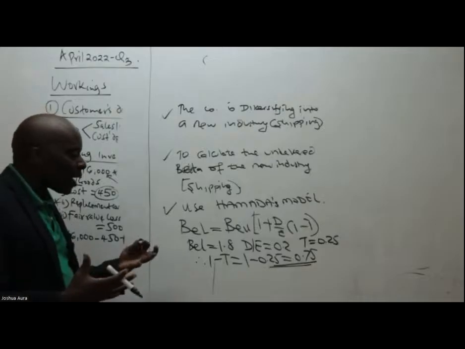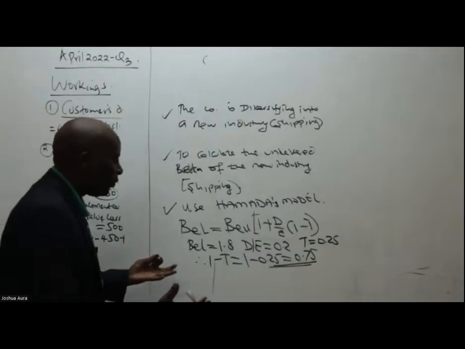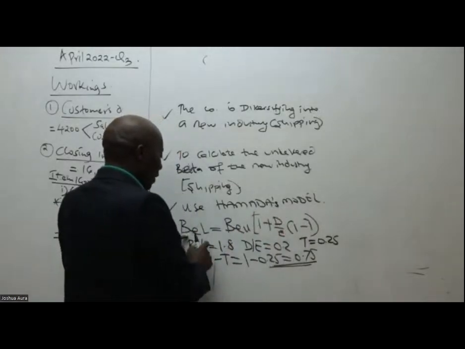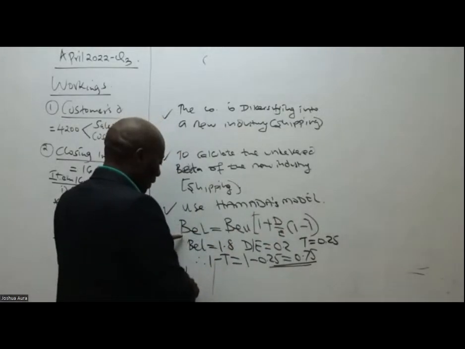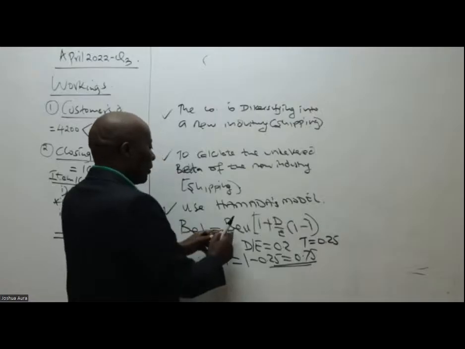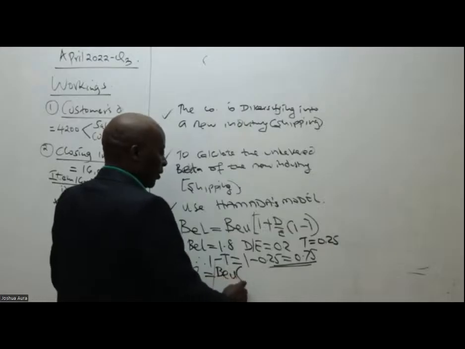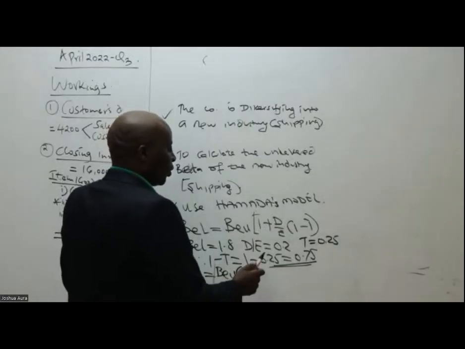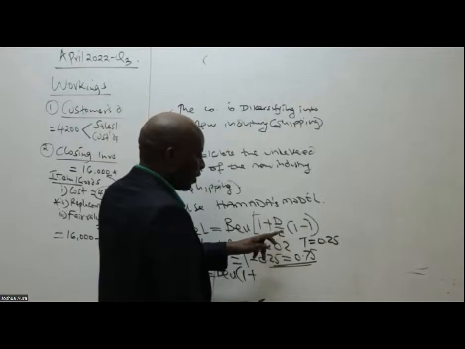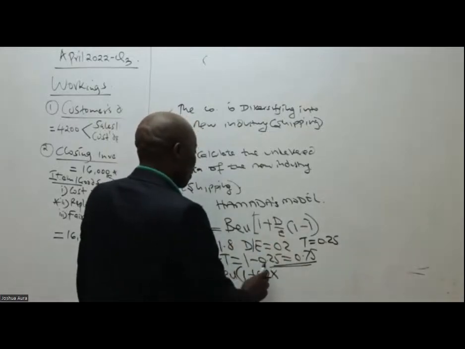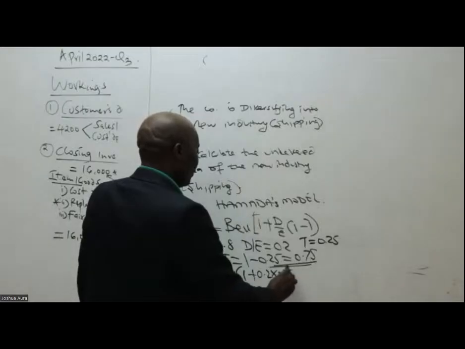Now, could you kindly plug in figures in this Hamada's model. So beta equity of a levered firm here, 1.8, equals beta equity of unlevered firm into 1 plus debt to equity, which is 0.2, multiplied by 1 minus tax, which is 0.75.